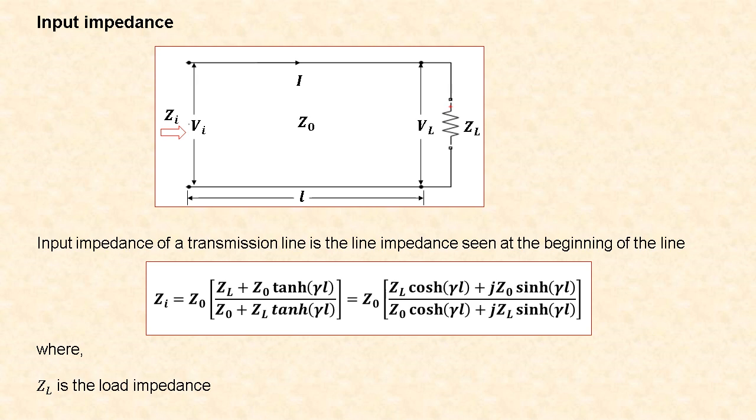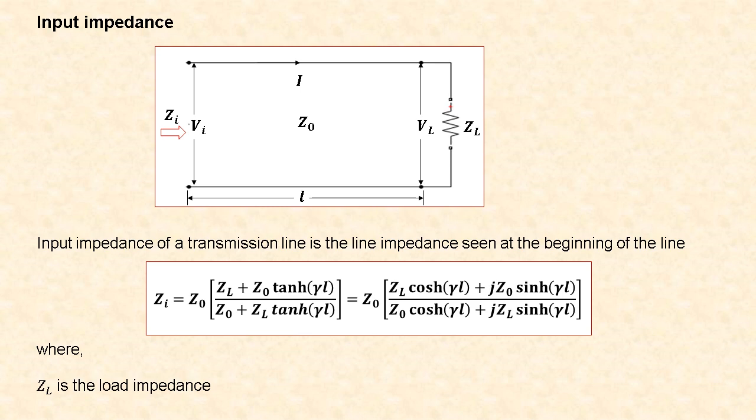Input impedance is nothing but the line impedance seen at the beginning of the line or at the input terminals. It is given by the formula Zi = Z0 (ZL + Z0 tanh γL) / (Z0 + ZL tanh γL), which is also equal to Z0 (ZL cosh γL + j Z0 sinh γL) / (Z0 cosh γL + j ZL sinh γL).